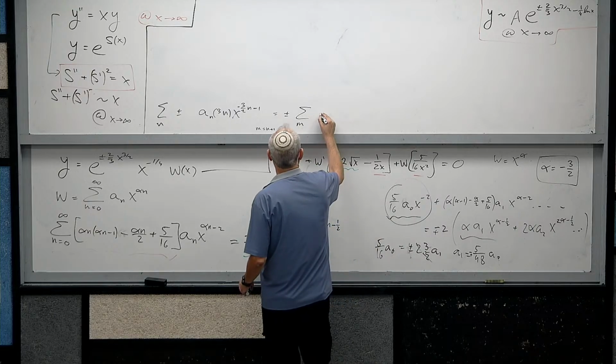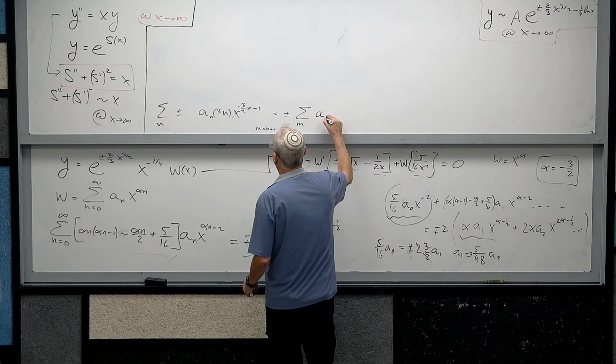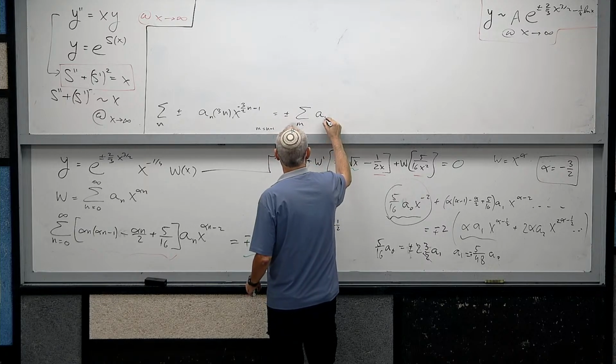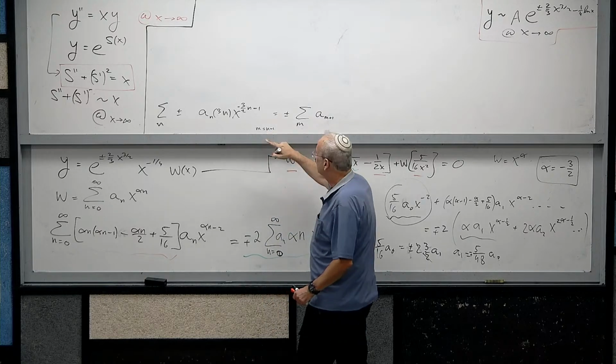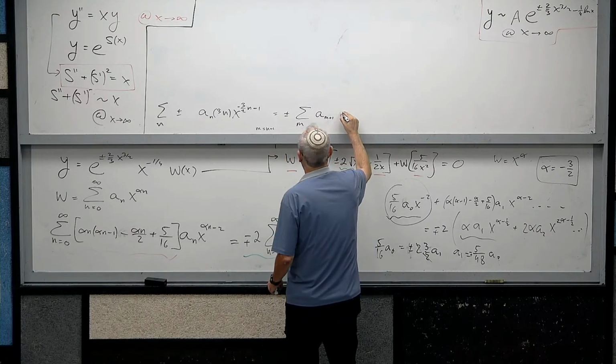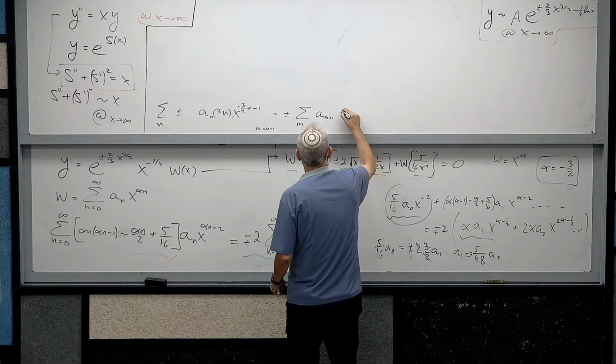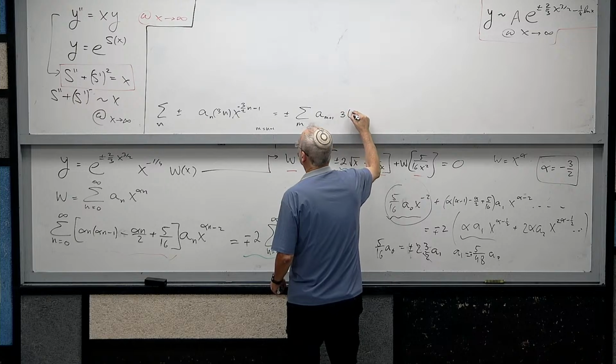So I have a n plus 1, times 3 times n, which is n plus 1.